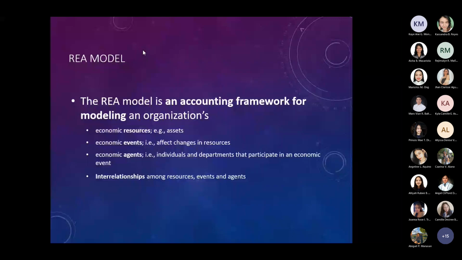Kasi nabibigyan na ng interrelationship, saan nanggagaling, sinong gumagawa, ano yung reports na nangyayari, ano yung transaction or events para magkaroon ng ganong resource. Sinong gumagawa nun? So, merong interrelationship. Yun po yung REA model. Accounting framework po siya. Okay?